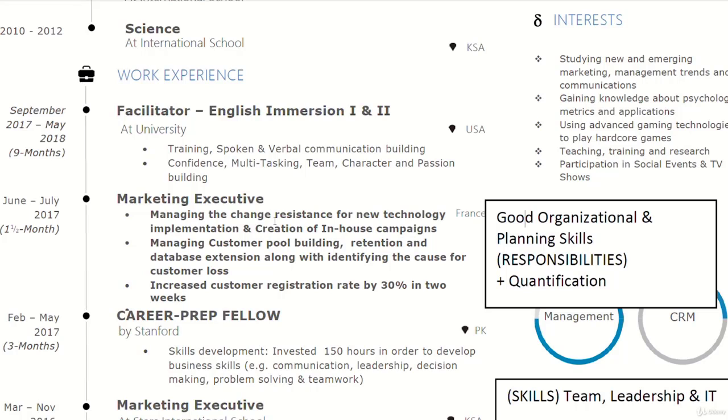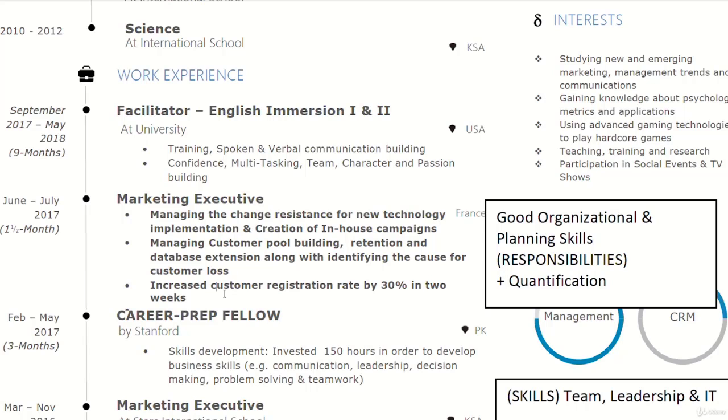Everything here represents that I have good organizational planning skills, because after having and implementing those skill sets, I ended up with an increase of 30% in customer registration. So that is also quantified. This is how you are going to use the specific responsibilities and skill sets from the job description. You are going to add your description here in terms of the specific requirements given there, and then quantify your overall experiences.